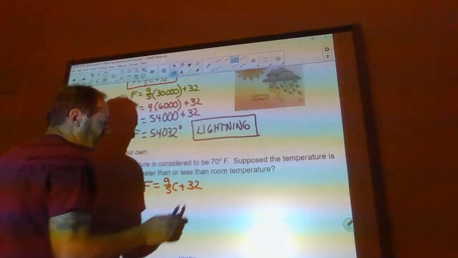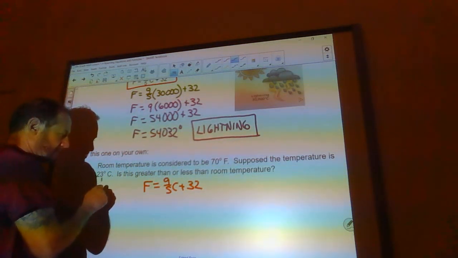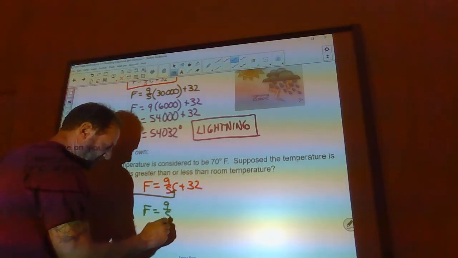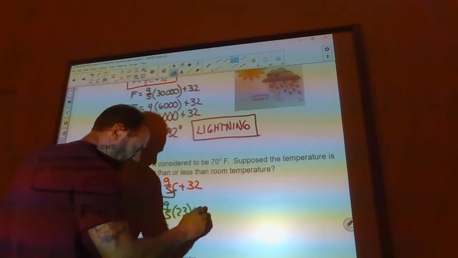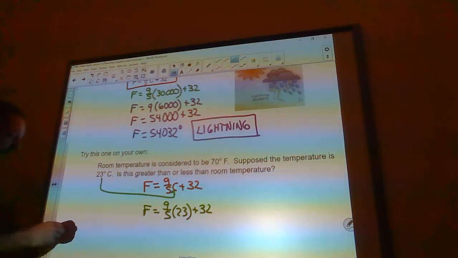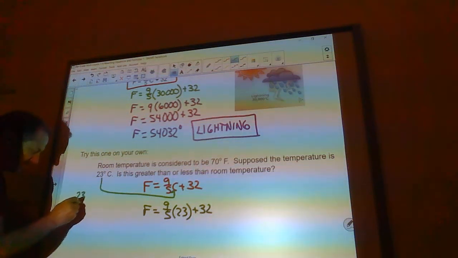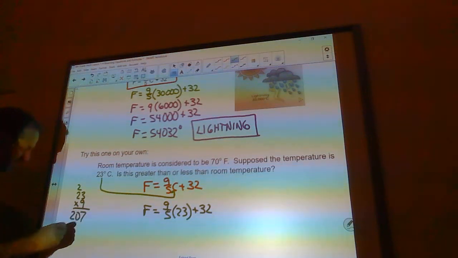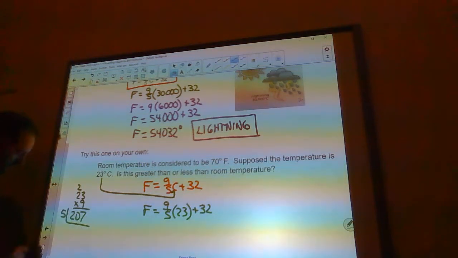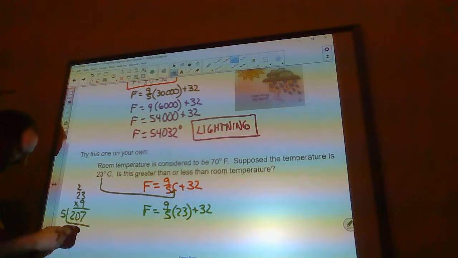Okay, so the easiest way to do this is going to be to take 23 and plug it in right here. So F is going to be 9/5 times 23 plus 32. Okay, so let's see. 23 times 9, should have brought a calculator today, that's 207. Divided by 5. So 5 will go into 20 four times. 5 will go into 7 once.